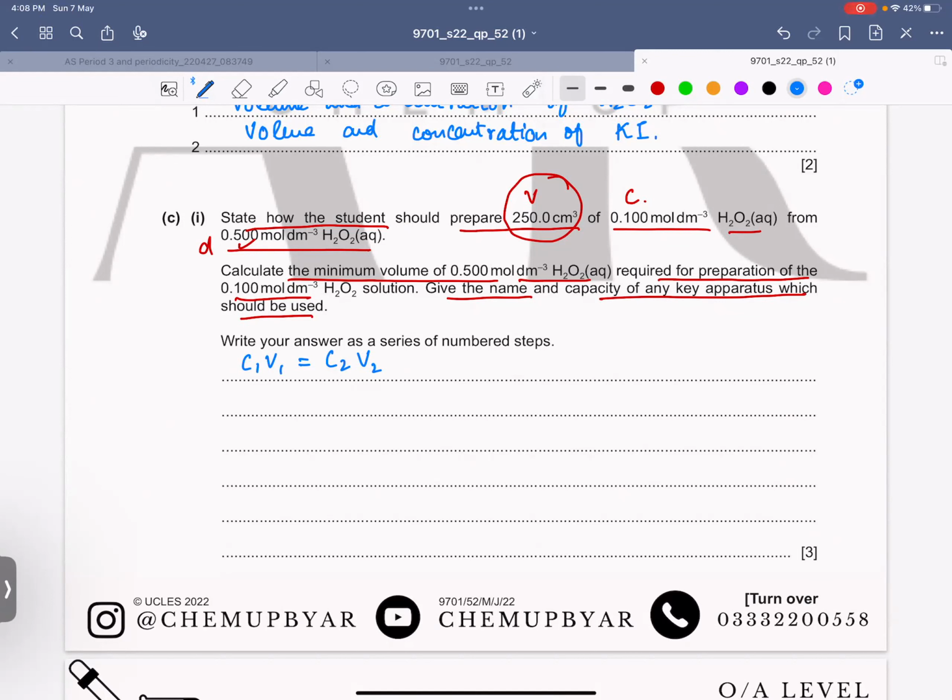So we know the concentration of a concentrated solution, which is 0.1. We don't know its volume, so let's make it X. The concentration of a diluted solution that we have to prepare is 0.5, and the volume is 250 cm³. So the value of X would be 0.5 times 250 over 0.1.